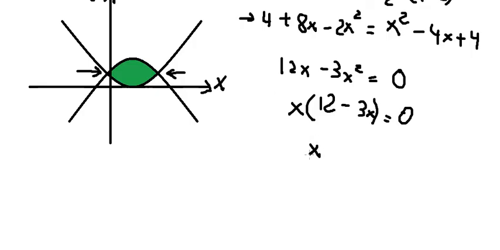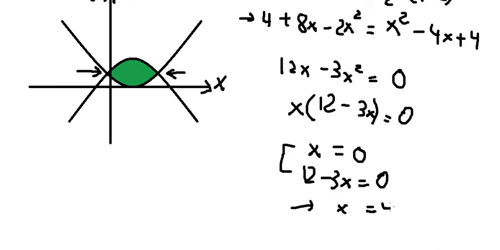So we have x equals 0 and 12 minus 3x equals 0. So we calculate this one, and we have x equals 4. So this one is 0, and this one is number 4.